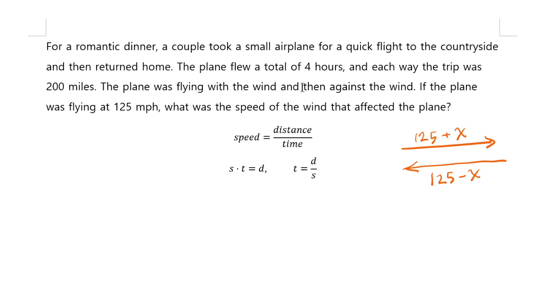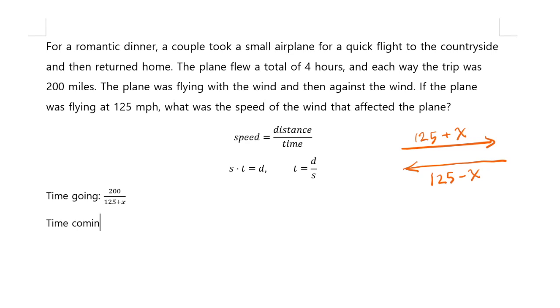So you want to use this and say, oh, by the way, the distance is 200, so time going is distance divided by the speed, which is 125 plus x, right? Time is distance over speed, so distance divided by speed, that's the time they spent going to the place.